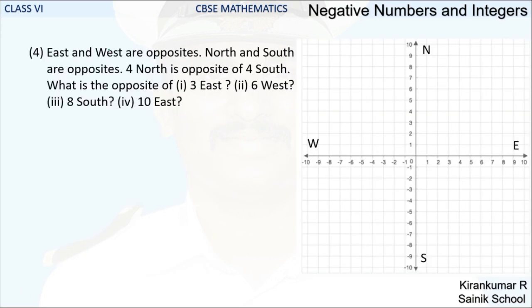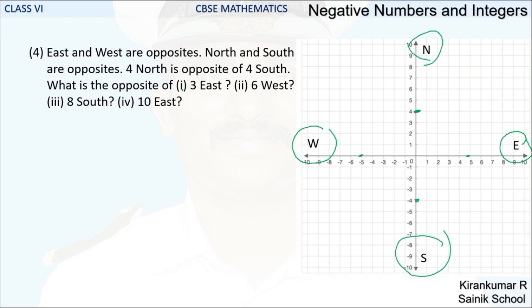Look at this. East and west. E represents east, W represents west, N represents north, S represents south. North and south, they are opposites. 4 north is opposite of 4 south. This is 4 north, which is opposite of 4 south. Same way, 5 west is opposite of 5 east.